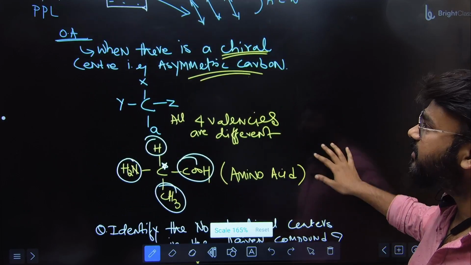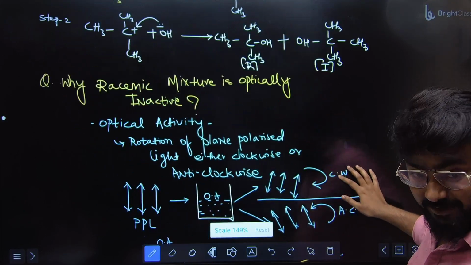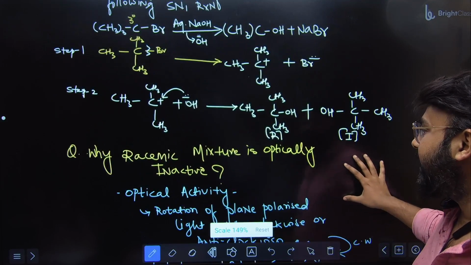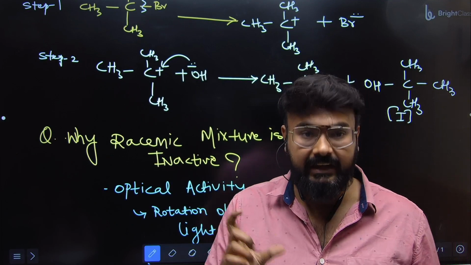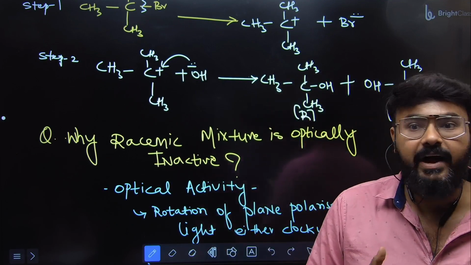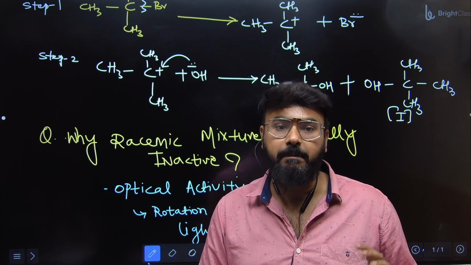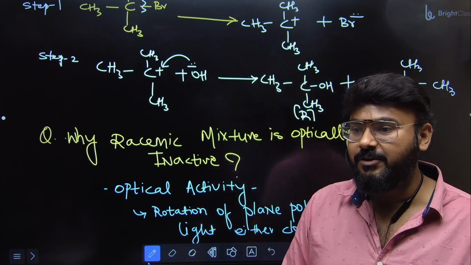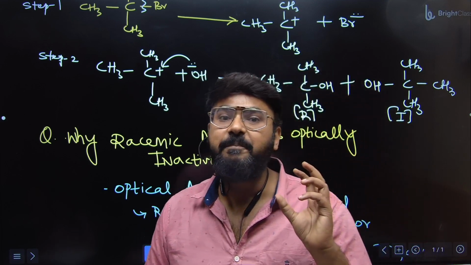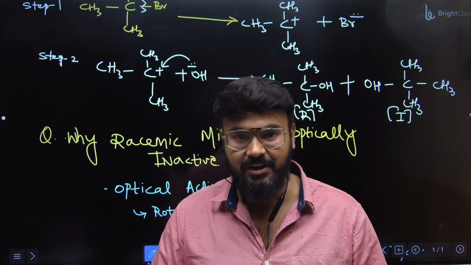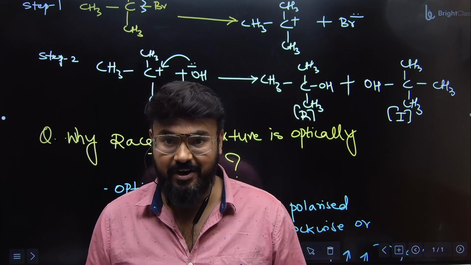Now you have reached that level where you can understand this question because you know optical activity. They are asking why a racemic mixture is optically inactive. Optically inactive means the mixture is not able to rotate the plane polarized light. So the answer is very simple. A racemic mixture is a mixture of two forms, retention and inversion, and they both are in equal amount, right?